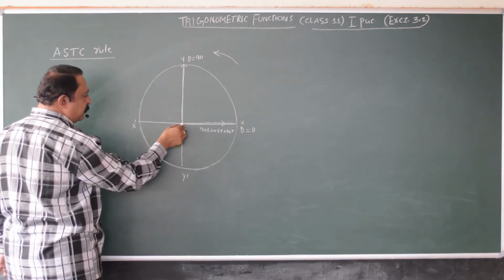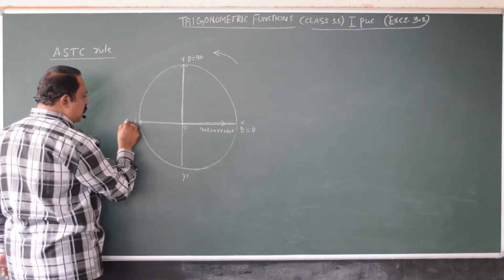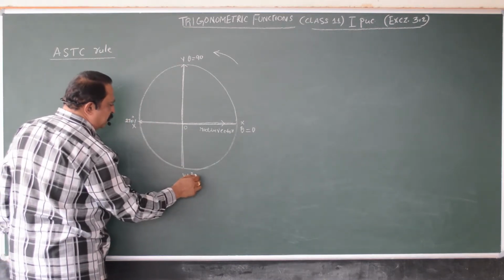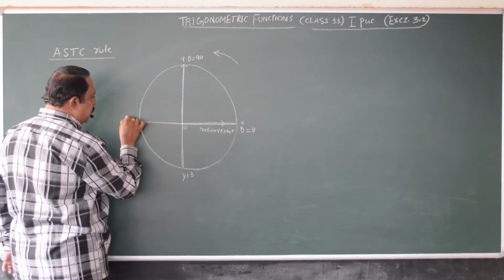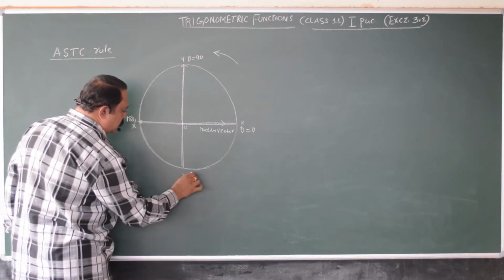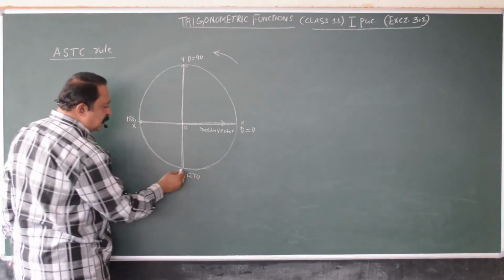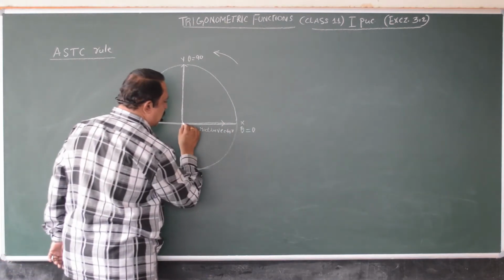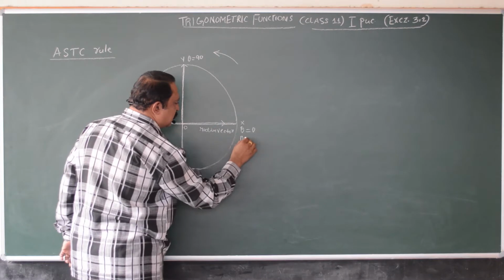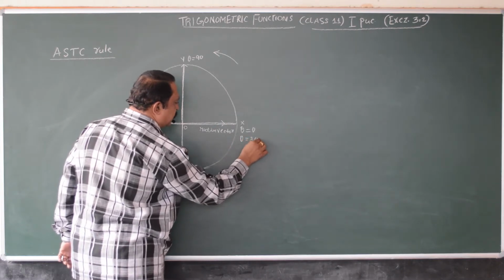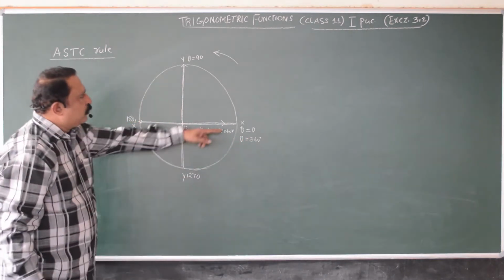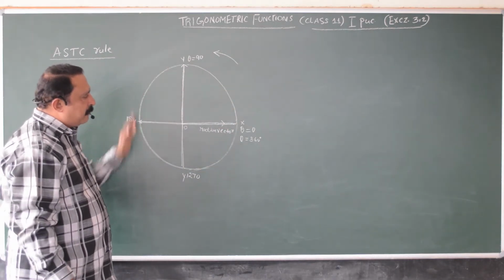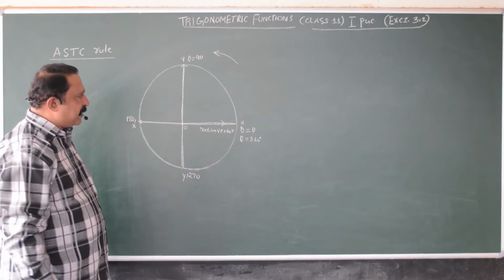On the position OX dash it makes 180 degrees, and on OY dash this is 270 degrees. Once it completes one rotation and comes back to the position OX, theta equals 360 degrees. If it goes for a second round, another 360, so the total angle made by the radius vector becomes 720, like that.